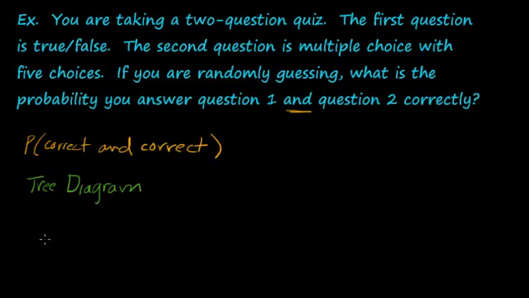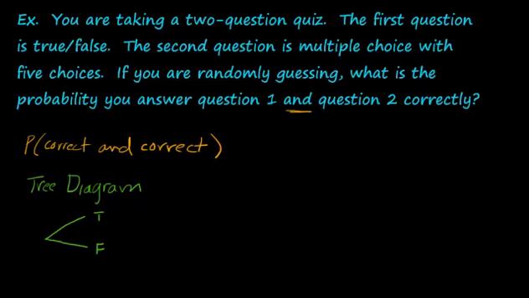So, in the first branches of our tree, this represents our first question, and we could answer either true or false. So we either go down the true branch or we go down the false branch. Now we're done with that.